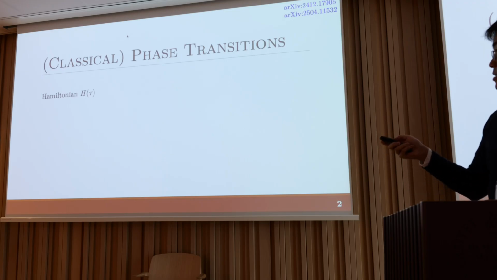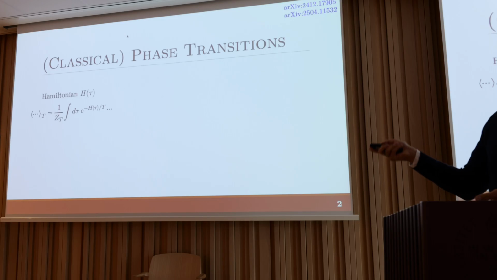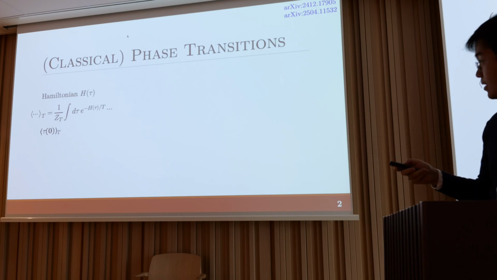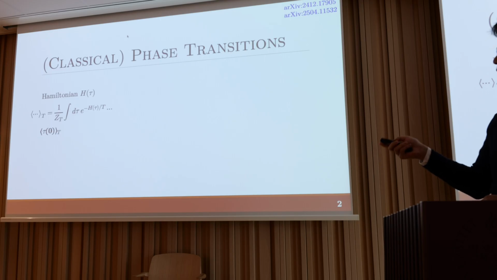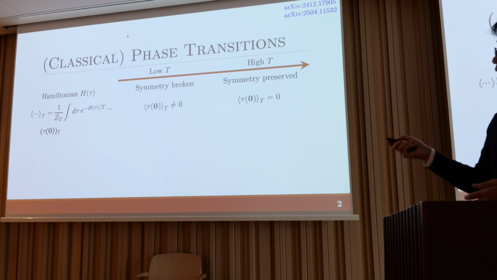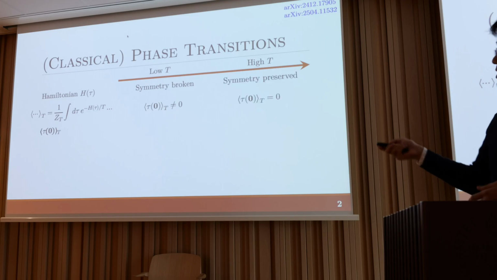You calculate the thermal average of some local order parameter at some fixed temperature T. Usually, this order parameter is your spin degree of freedom at some lattice site, say the origin 0. And if the system undergoes a phase transition, then at low temperatures, the order parameter should be non-zero, indicating a symmetry broken phase, while at high temperatures, it's 0, indicating a symmetry preserved phase.